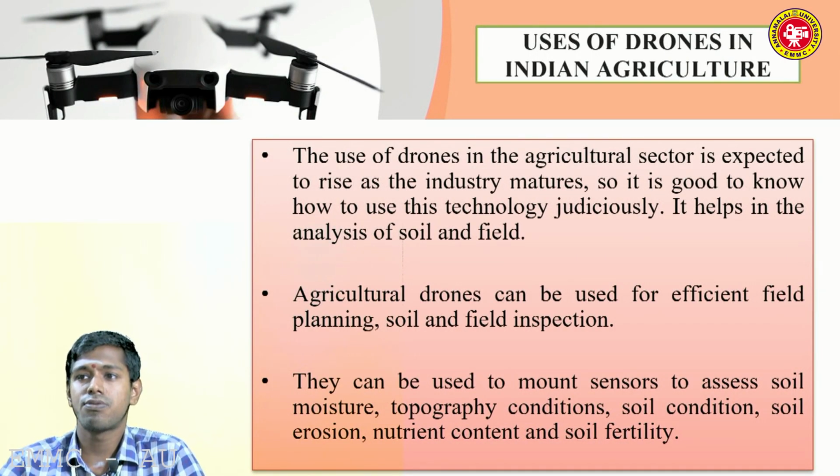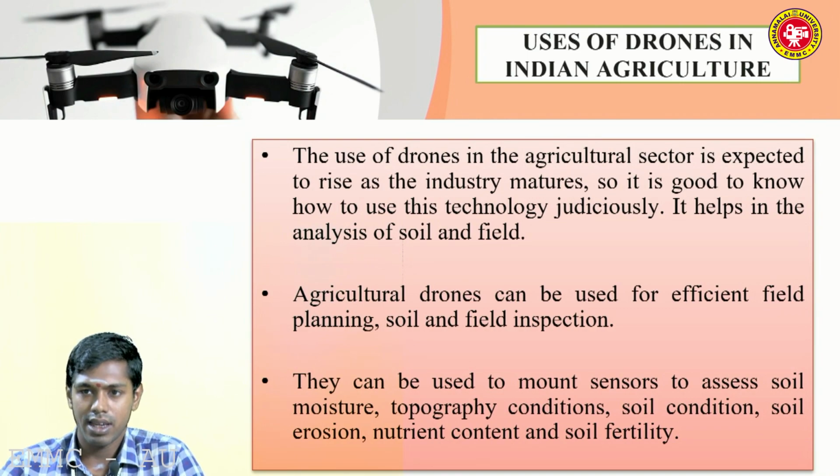And the uses of drones in Indian agriculture. The use of drones in the agriculture sector is expected to rise in industries, so it is good to know how to use the technology judiciously, so that it can spread to all farmers. Agriculture drones can be used for efficient field planting, and soil and field inspections. They can be used to mount sensors, because the drone contains sensors that can detect the weather conditions also.